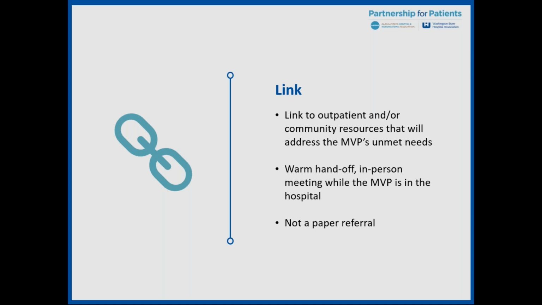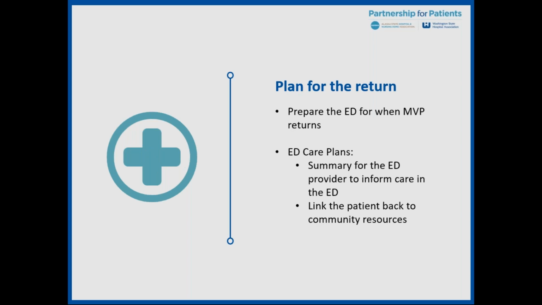It's, if at all possible, an in-person meeting with the patient while they're in the hospital so that they have that understanding of a human that's going to help support them. And this is absolutely not a paper referral. These patients need somebody to really help them navigate the system and to get their needs met.